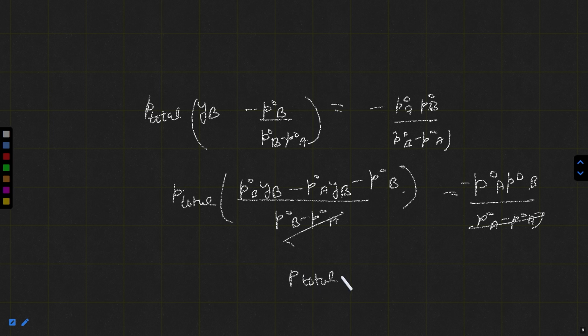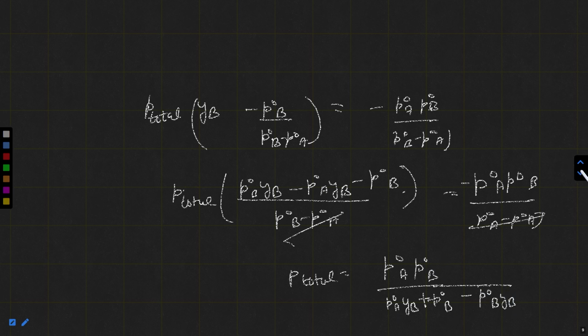Now if I want to add P total, it will be finally P naught A P naught B by, I am taking this minus sign here. It will be P naught A YB minus P naught B, it will also be in plus, minus P naught B YB.